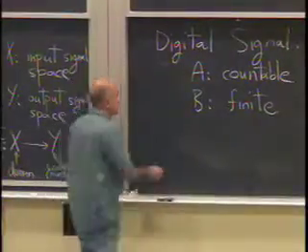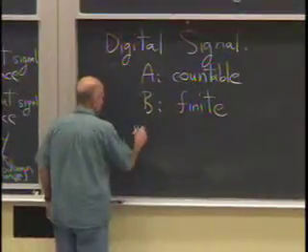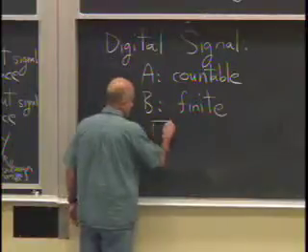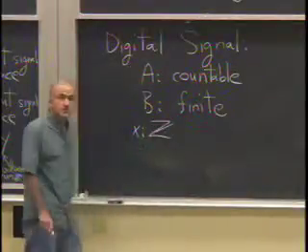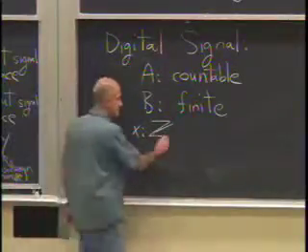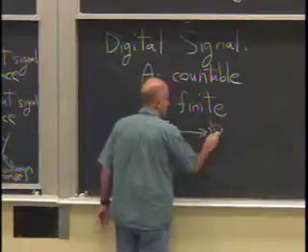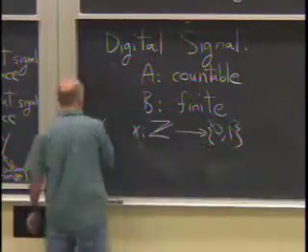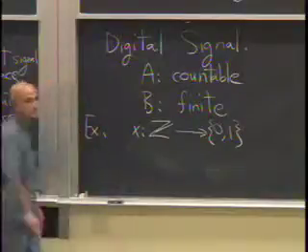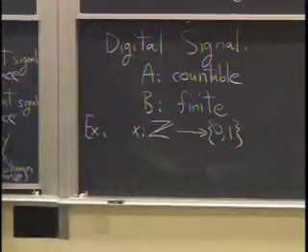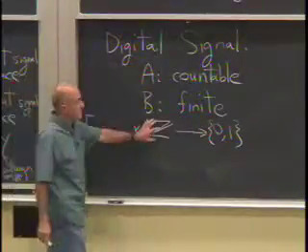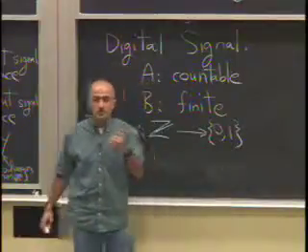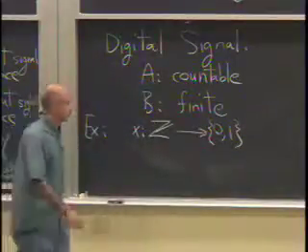Right? So an example of this would be a signal that takes values among the integers and maps it to 0 and 1. Now the way we plot these is something that you've probably not seen before.